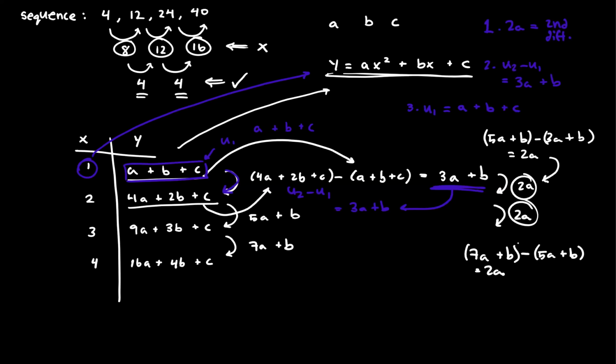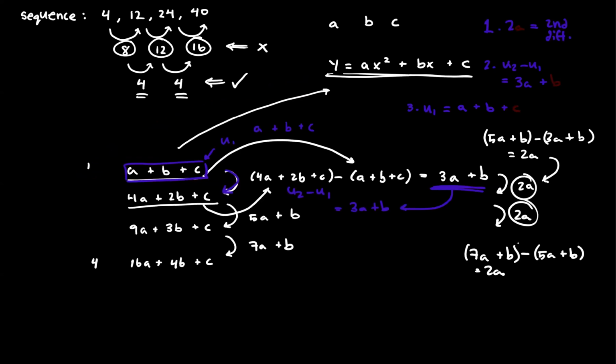And it's important to note that in these equations, we involve the variable a, then we involve b, and then we involve c. And we're going to want to use these sequentially in order to determine the value of each of these variables. So let me erase this for the sake of space, and we can try this out with our example sequence.